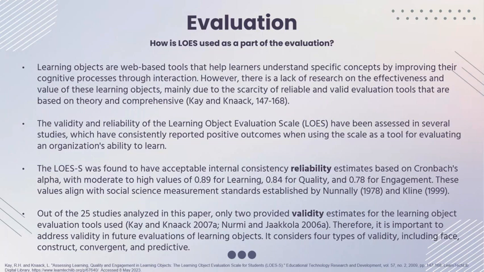According to the research, the LOES was found to have an acceptable internal consistency reliability estimate based on Cronbach's alpha, with moderate to high values of 0.89 for learning, 0.84 for quality, and 0.78 for engagement.